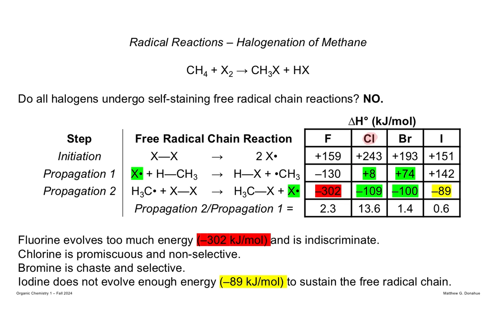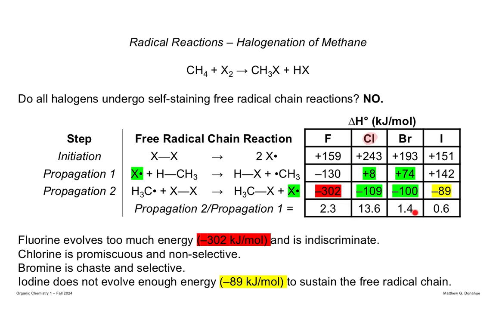But fluorination, as you see, needs to be controlled because it's indiscriminate. Chlorine, as we said, has a good match between heat evolved and heat needed. But now when you look at bromine, that first step requires plus 74. The second step evolves minus 100.